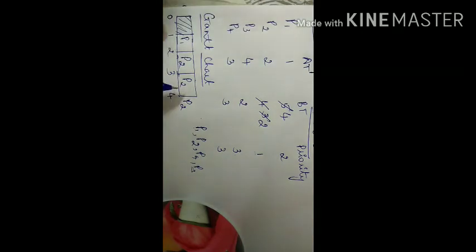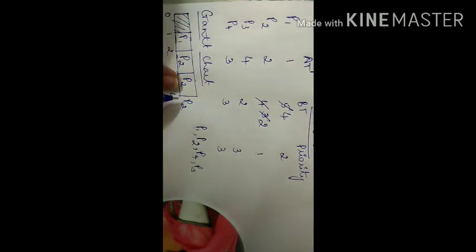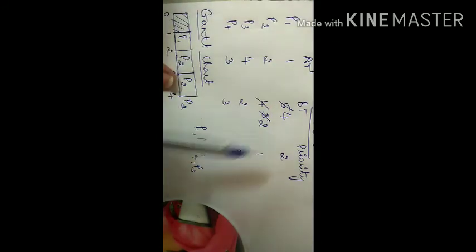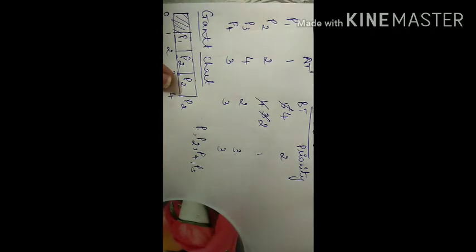Now you can observe one thing, that is, by the time of 4 milliseconds all the processes are available in the ready queue. So from this time onwards, this method will exactly act as a non-preemptive method.